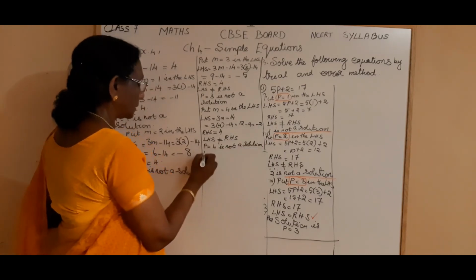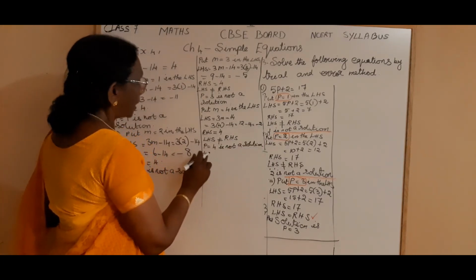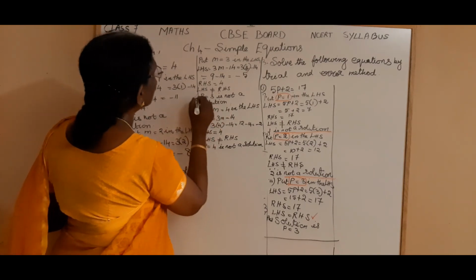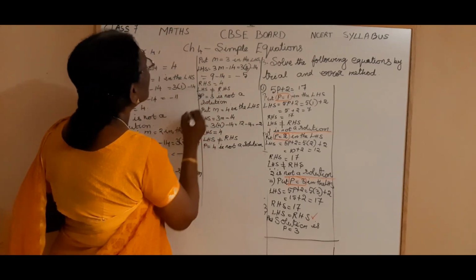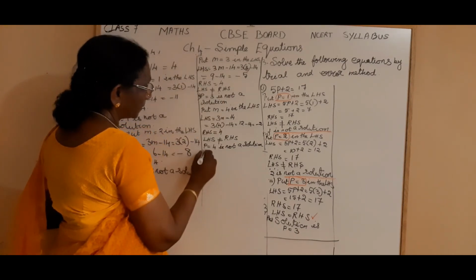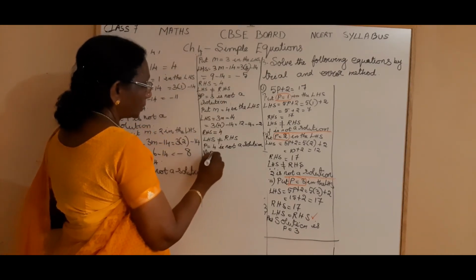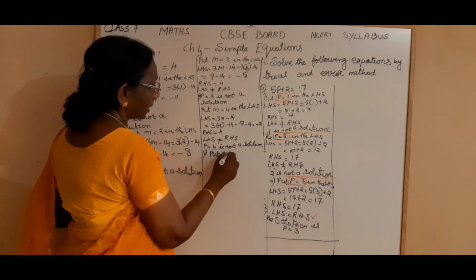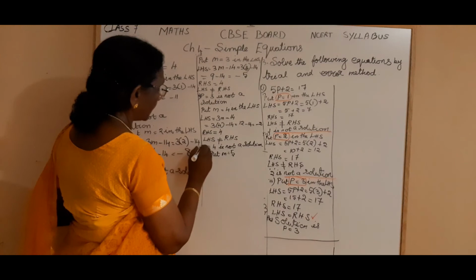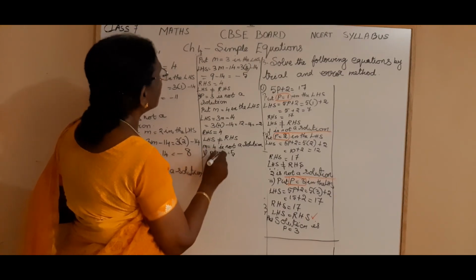Now, what is the next step? Fourth one. This is the fourth one, and this is the third one. Now the fifth step.